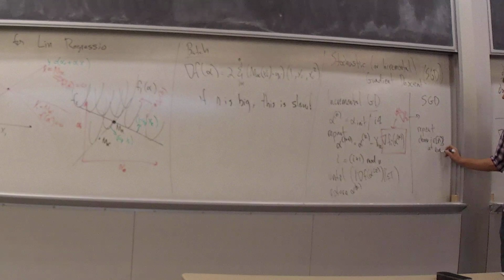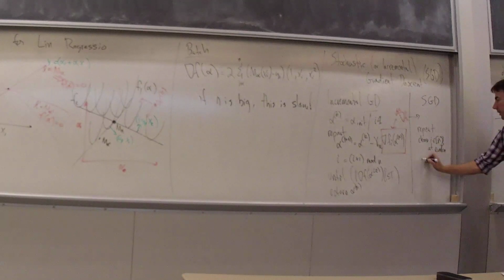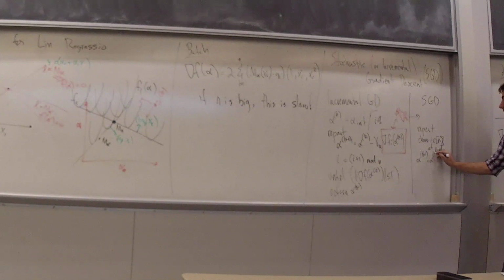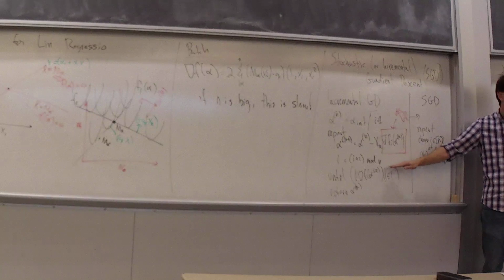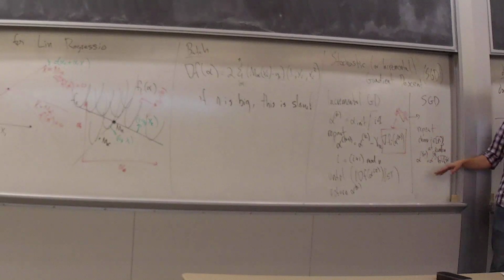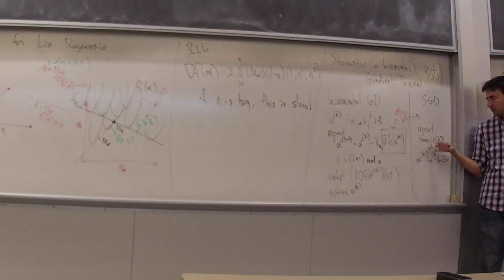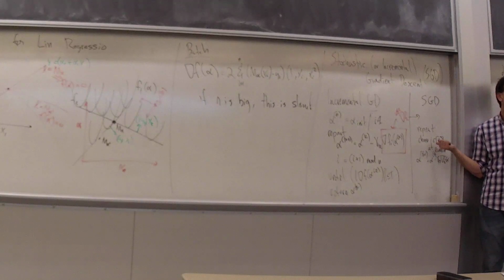at random, and then I'm going to do my update. I don't know if you can see that. Okay, but basically the difference with stochastic gradient descent is that instead of just cycling through them in order, I'm going to choose one of the data points at random every step.